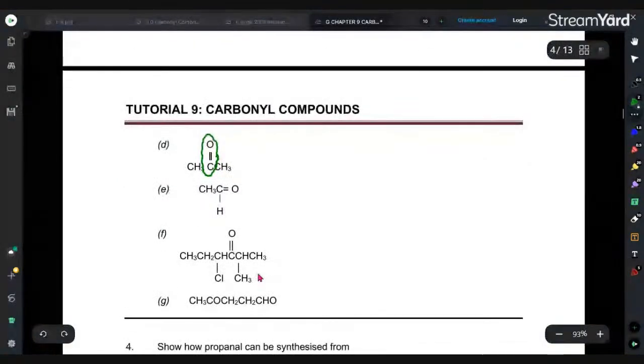Next. Where's the parent chain? Be careful. The parent chain should be like here. So 1, 2, 3, 4, 5, 6. At position 3, the functional group. And then at position 4, there is a chloro group.